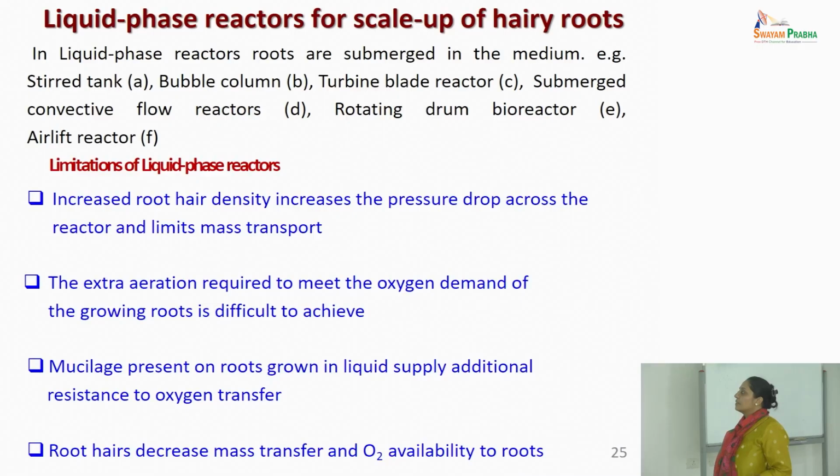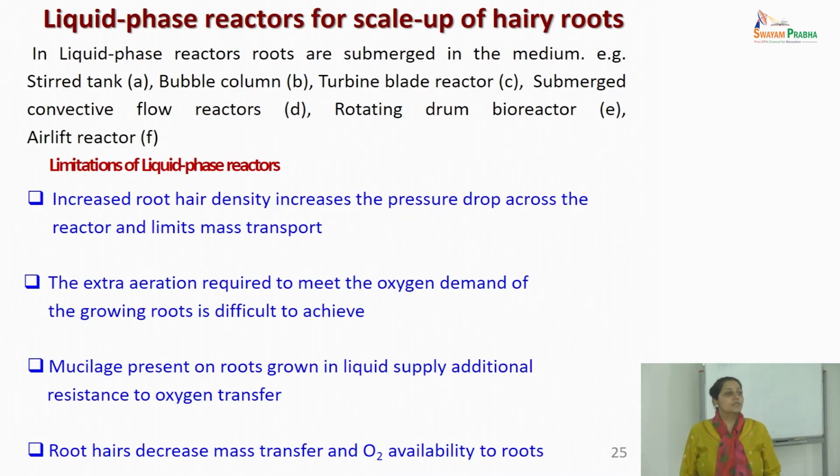The extra aeration required to meet the oxygen demand of the growing roots is difficult to achieve in liquid reactors. Mucilage present on the roots, growing completely suspended in the liquid or with a large liquid to air ratio, will also lead to resistance in oxygen transfer. Root hairs decrease mass transfer and oxygen availability.